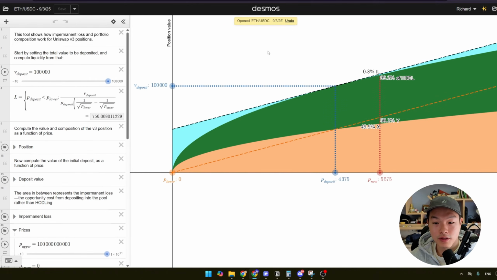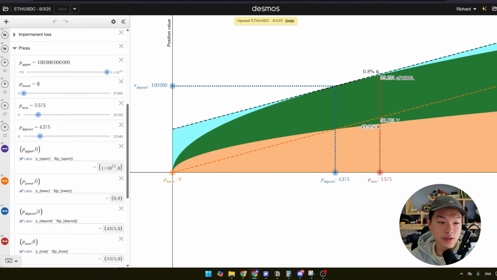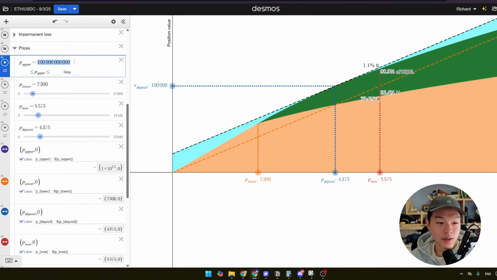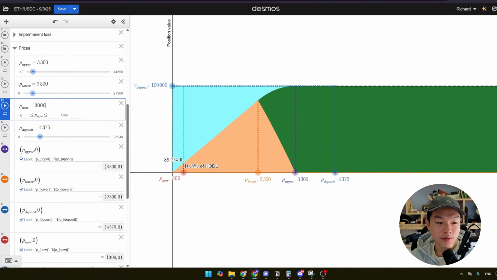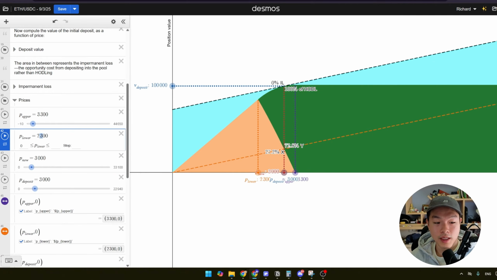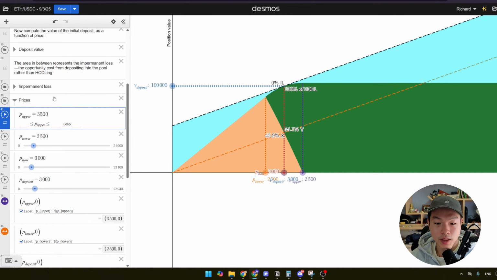If we're looking at concentrated liquidity, we could be simulating ETH to USDC. And let's just say we deposit at 2,300 to 3,300, and then the current price is at $3,000, right? So this is more of a bearish range where the bottom range is a little bit wider. But if I want to adjust that to a more 50 to 50 ratio, I could adjust my range to be at around 2,500 to 3,500 here.